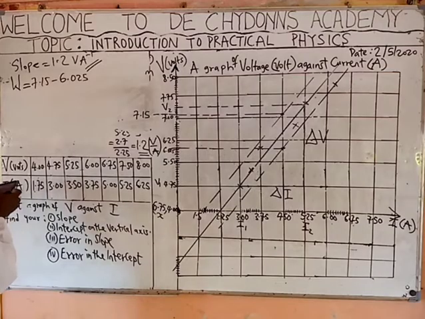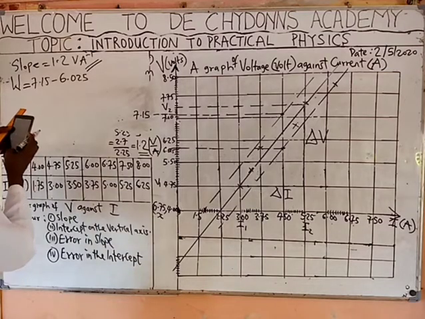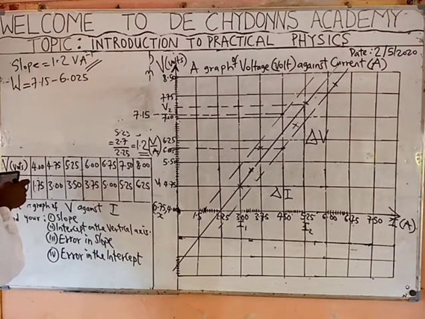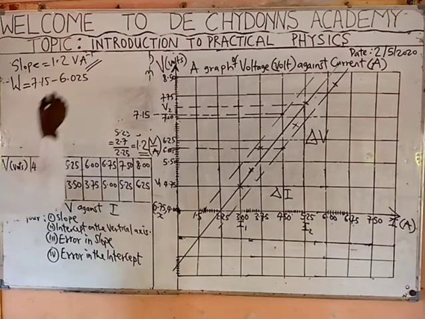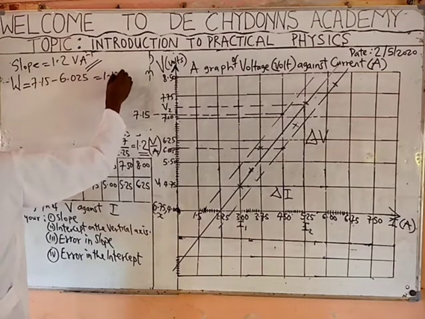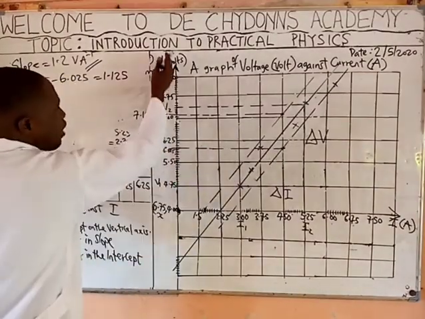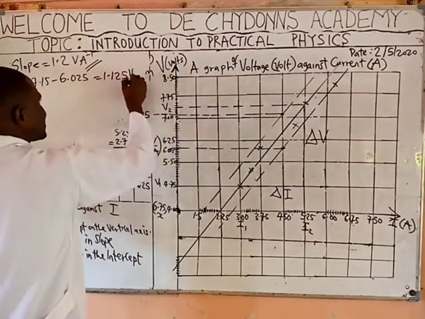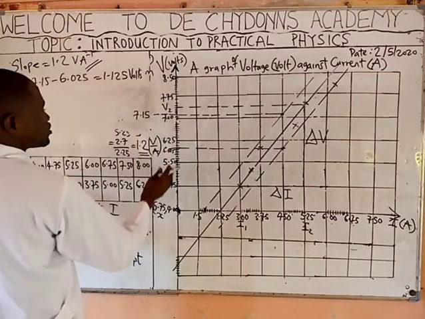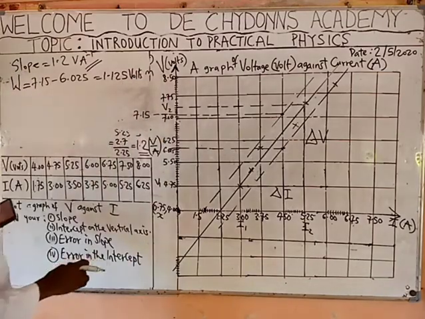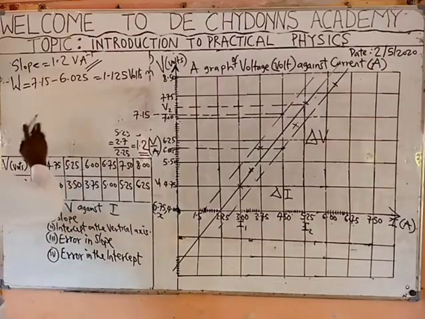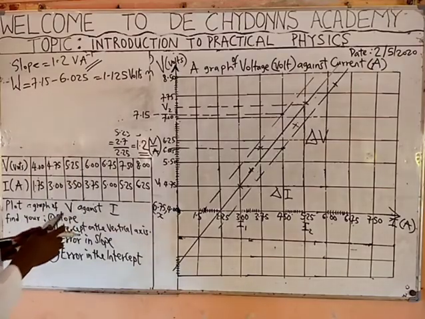So when you subtract, 7.15 minus 6.025 will give us 1.125. Since we got this reading from our vertical axis, we must attach volts, because the unit of the vertical axis is volt. We have succeeded in getting our vertical scatter.